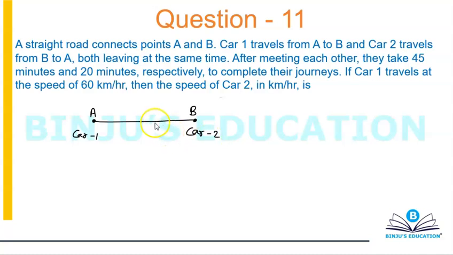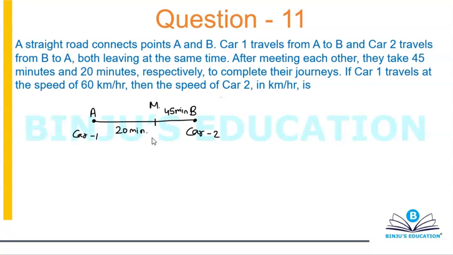Okay, let's suppose they meet at some point M here. Now, after meeting, A took 45 minutes and B took 20 minutes. Now, if they both started at the same point of time, then I can conclude this one thing.